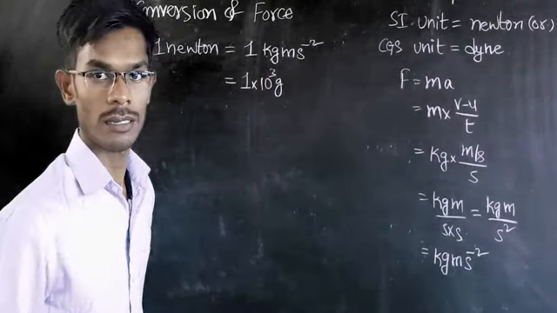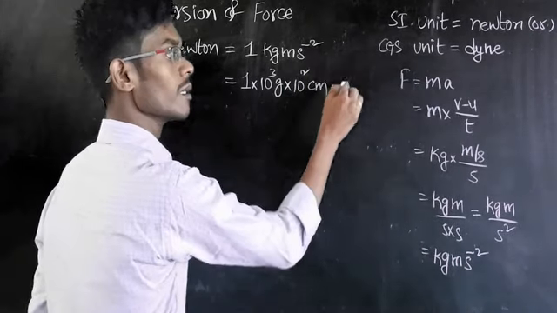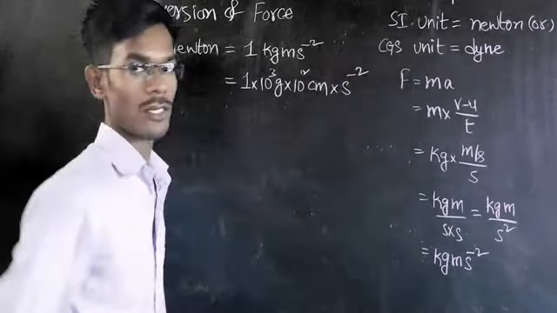Directly I am writing 10 square centimeter and S power minus 2. Already this is in SI and this is in CGS also. If you observe here, gram is the CGS unit of mass, centimeter is the CGS unit of length, and second is the CGS unit of time. Now what we have done? We have converted an SI unit into a CGS unit.